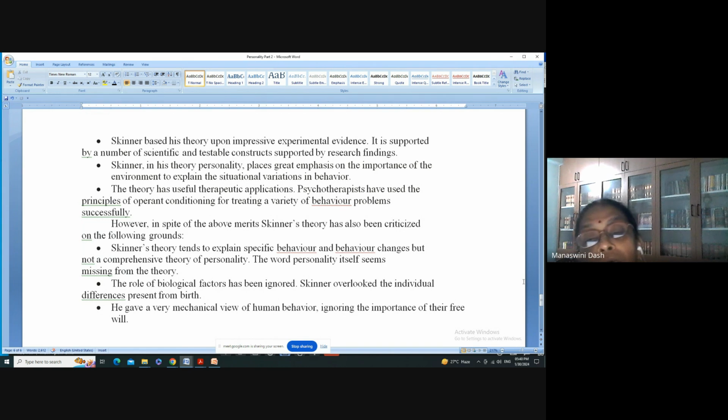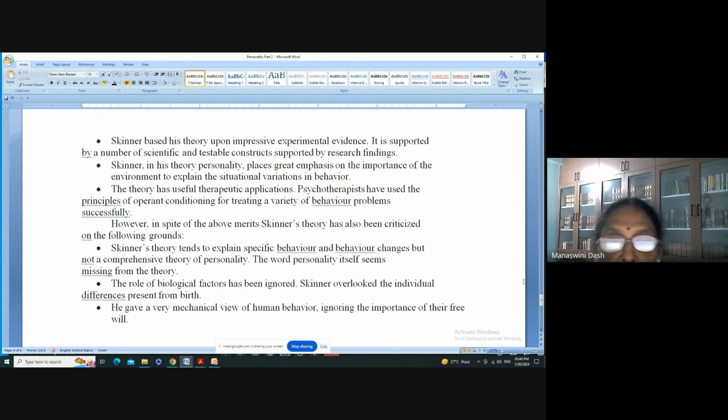However, Skinner's theory has also been criticized by some researchers. Skinner's theory tends to explain specific behavior and behavior changes, but it is not a comprehensive theory of personality.